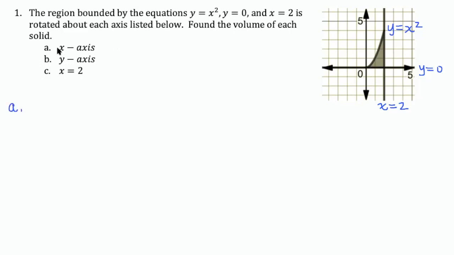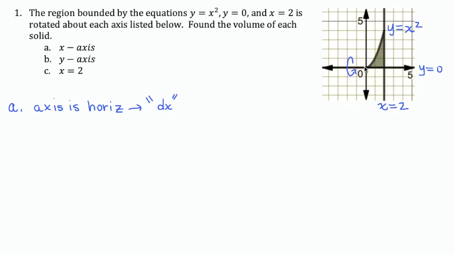For part A, if my x-axis is my axis of revolution, then my axis is horizontal. And if my axis is horizontal, I know I need to have a dx integral, an integral where x is the variable. The next thing I need to decide is, if the x-axis is my axis of revolution, do I have any gaps?